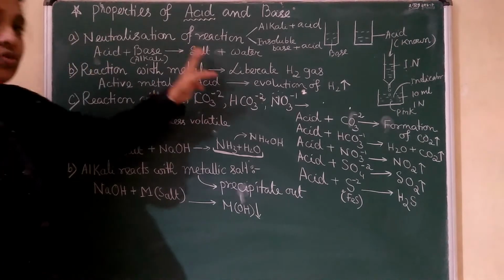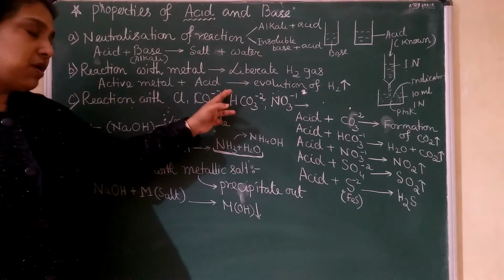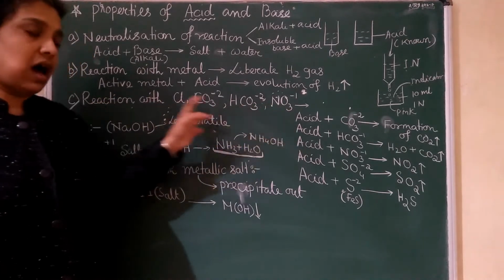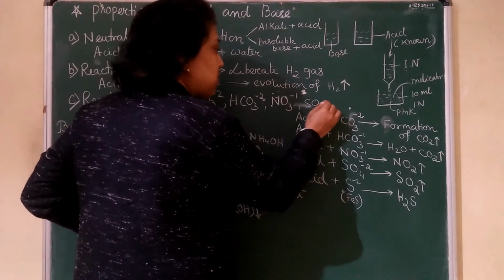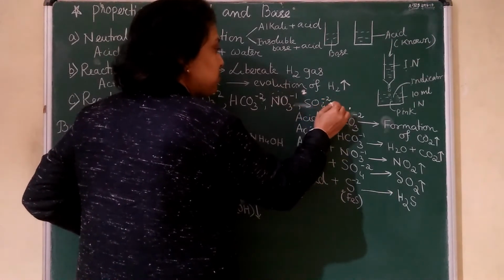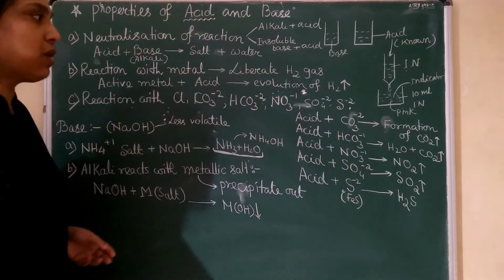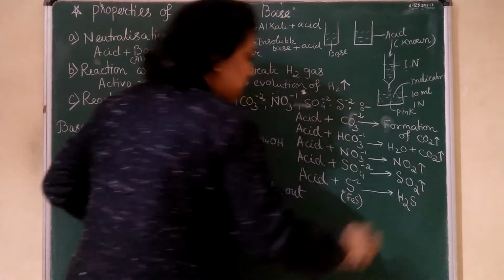Neutralization reaction gives salt plus water. Active metal reacts with acid, with liberation of hydrogen gas. Reaction with these ions, including sulfate and sulfide, which I have not written here, is also a kind of salt; there will be liberation of certain gases.